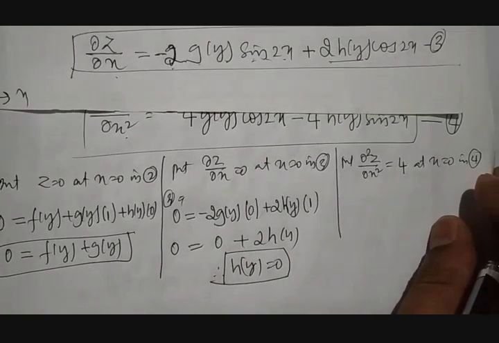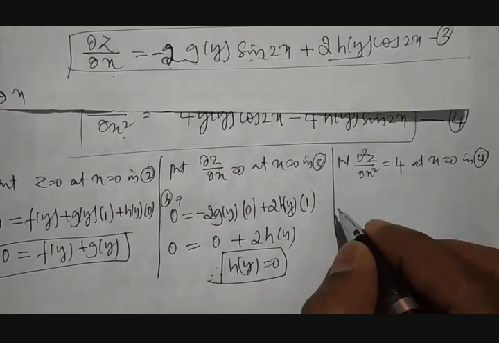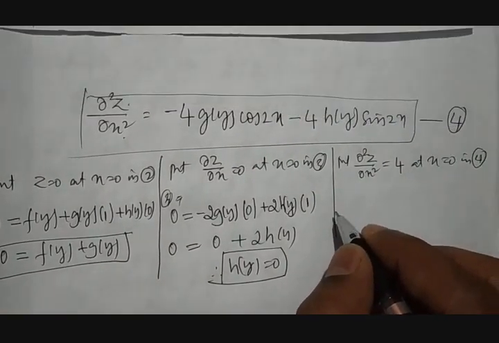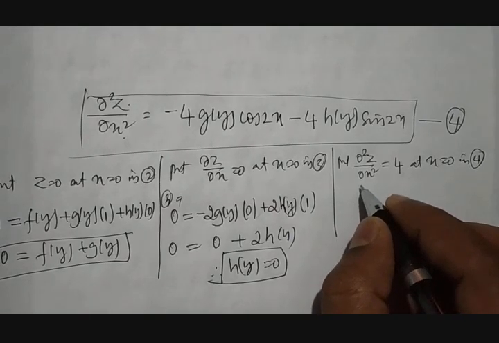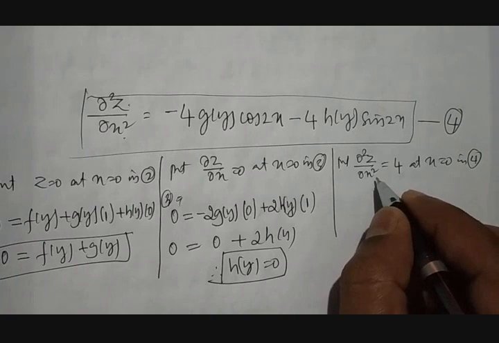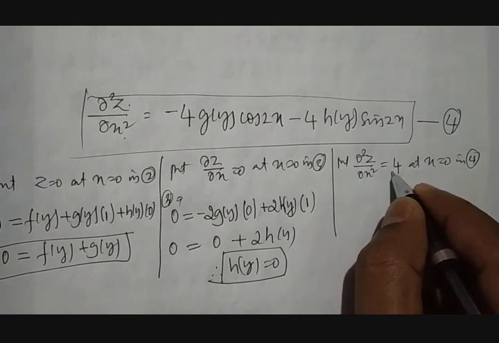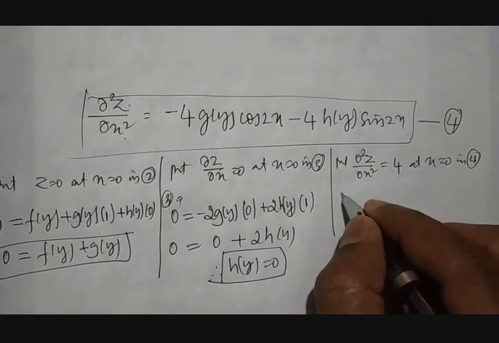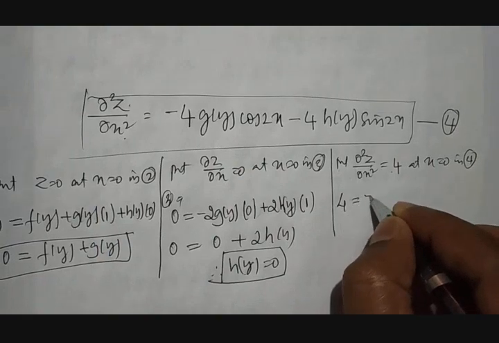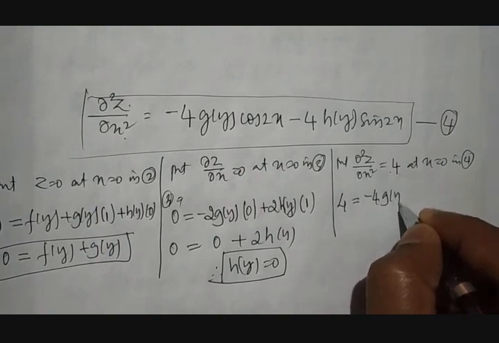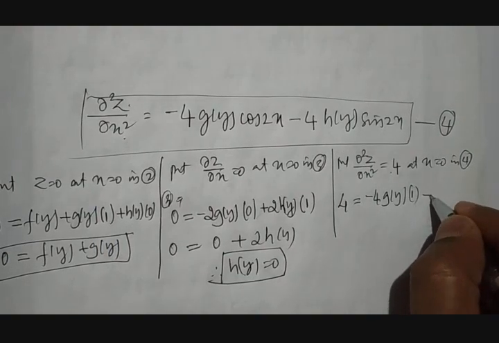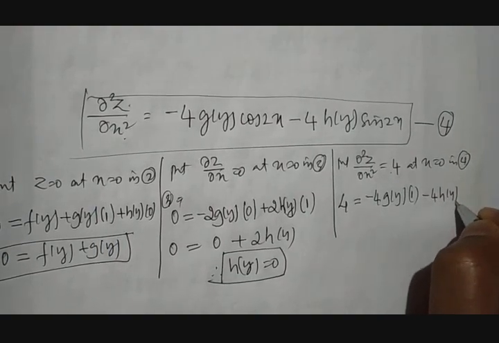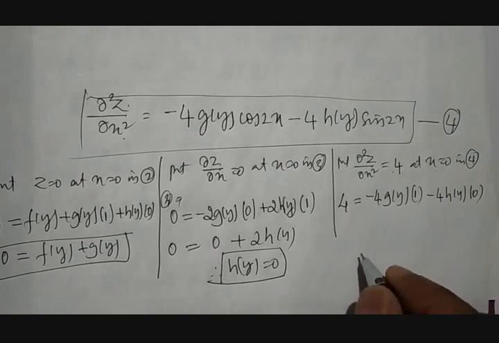Similarly, put it in equation number 4. As per the condition, ∂²z/∂x² is equal to 4, so the left-hand side is 4 equal to minus 4 into g(y) into cos 0, which is 1, minus 4 into h(y) sin 0, which is 0.